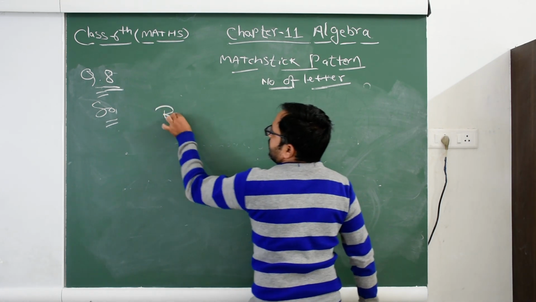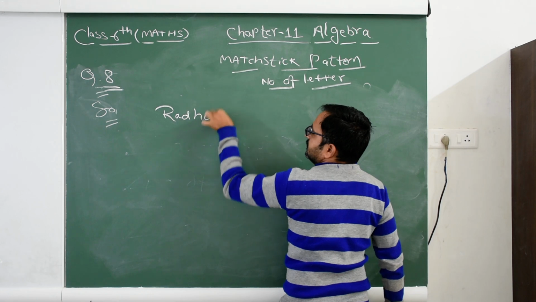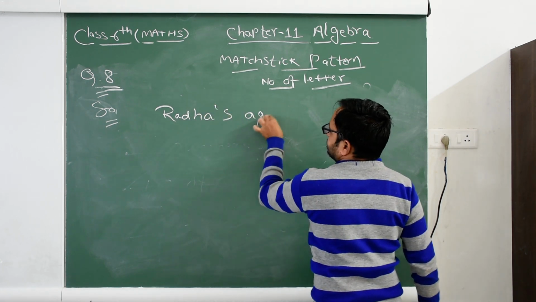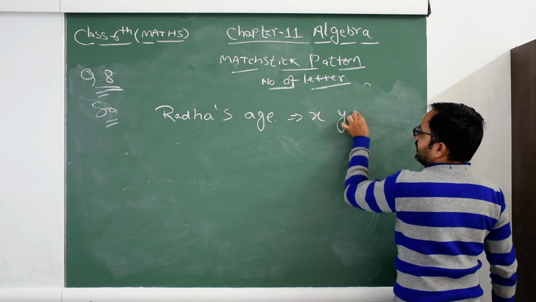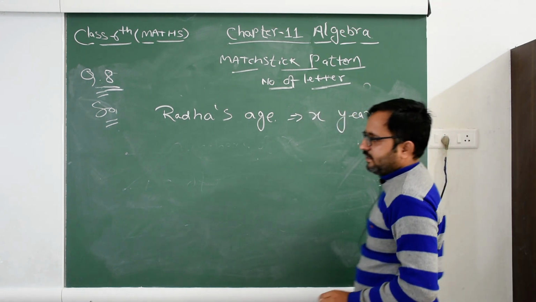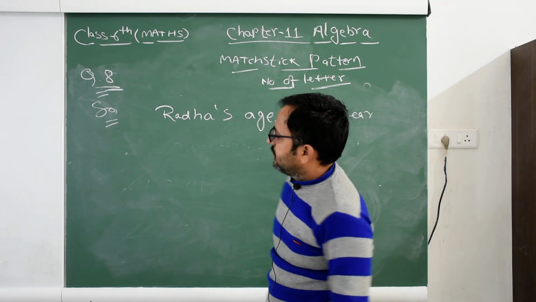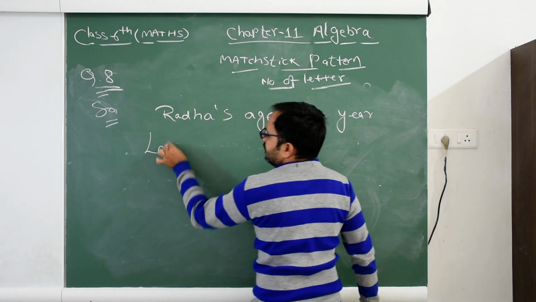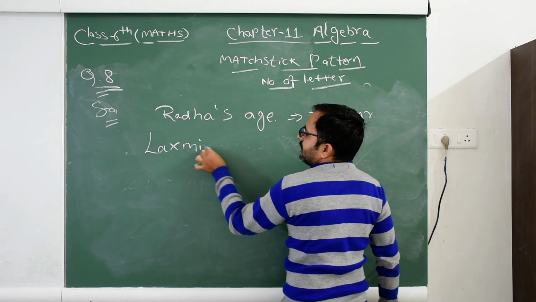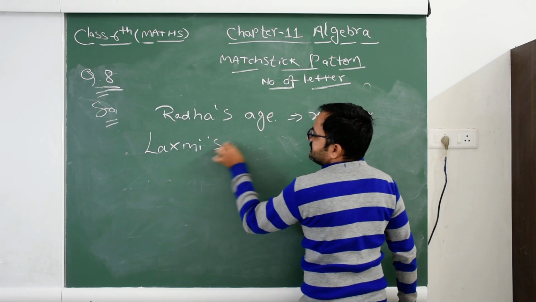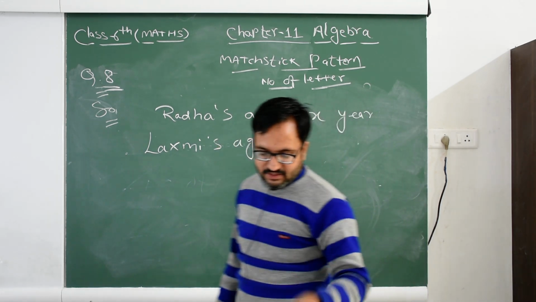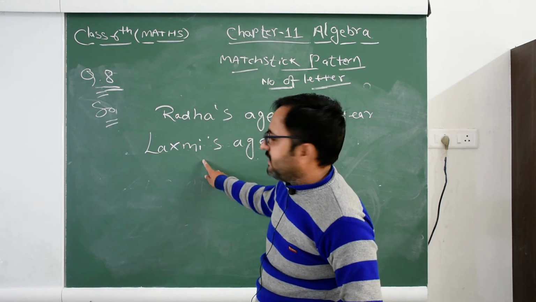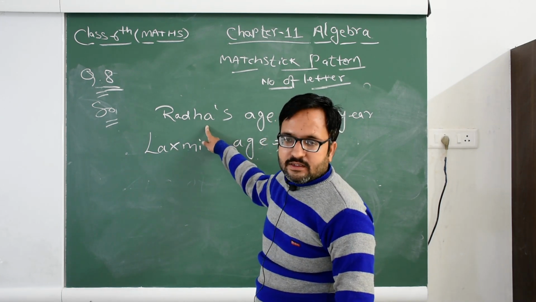So Radha's age equals x years. Now Leela is younger. What is Leela's age? Leela is younger than Radha.